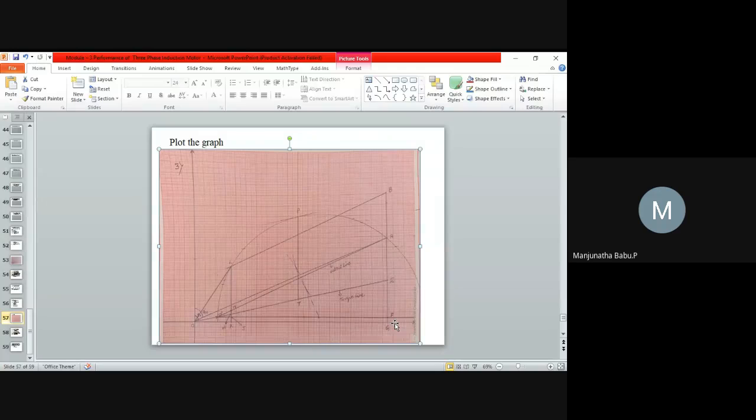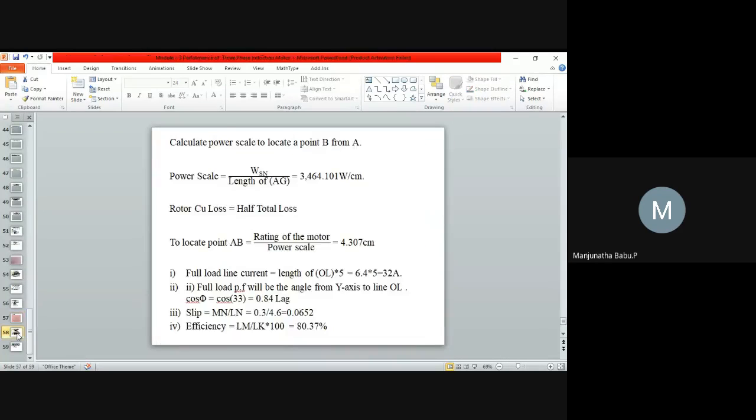Next, once you get these losses, we have to extend a line from A, that is AB has to be located. To locate AB, go for calculating the power scale. The power scale is WSN divided by length of AG. Then rating of the motor divided by power scale.